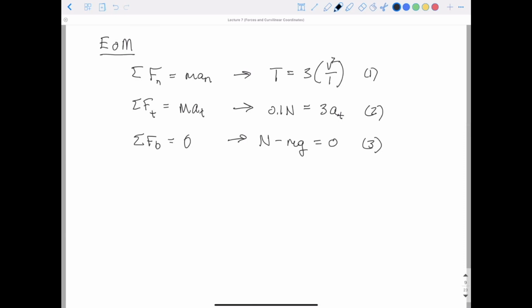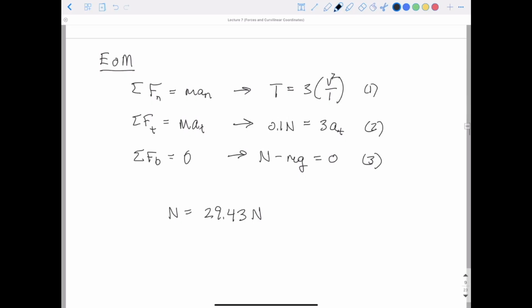If we solve these for our unknowns, we should get our normal force is equal to 29.43 newtons. Well, that looks confusing. N is equal to 29.43 N. We've created some new math that I don't even know.